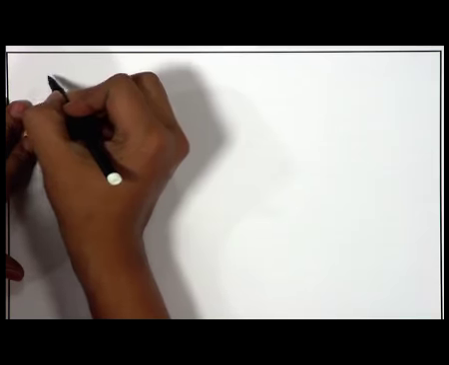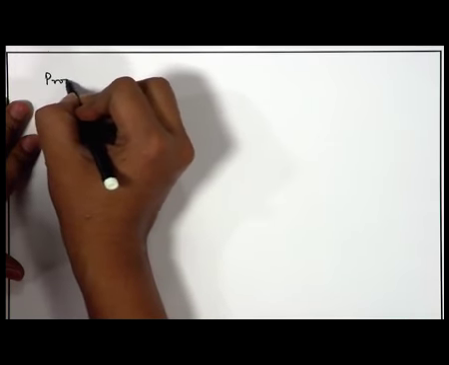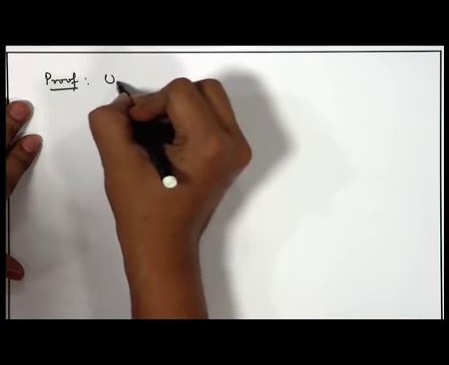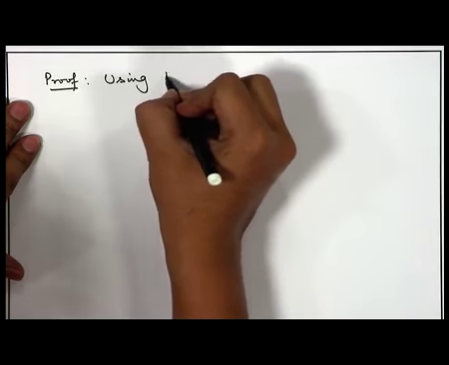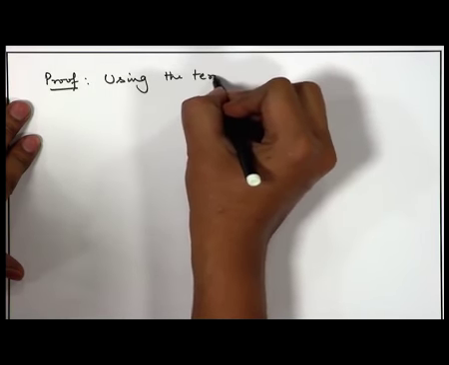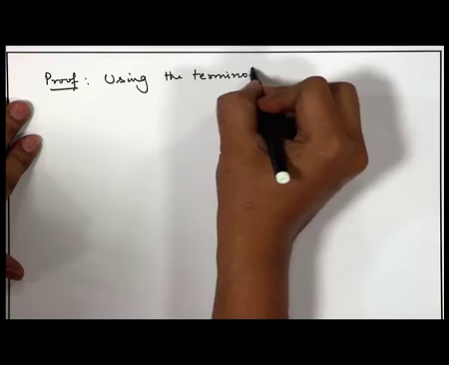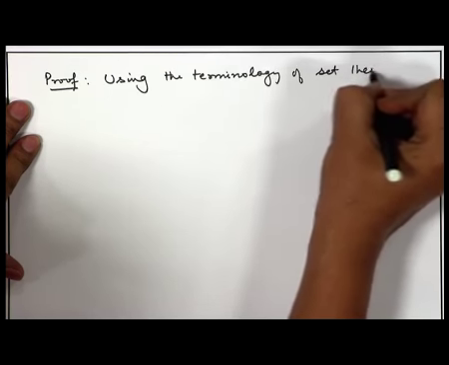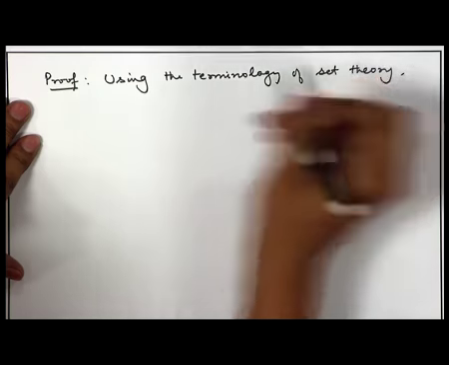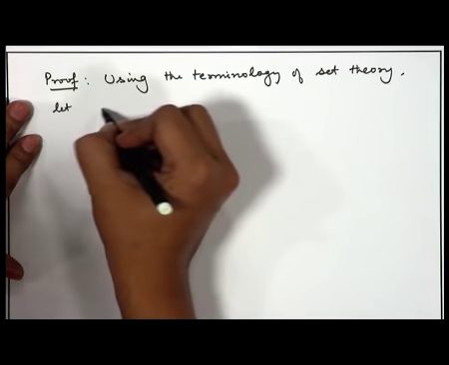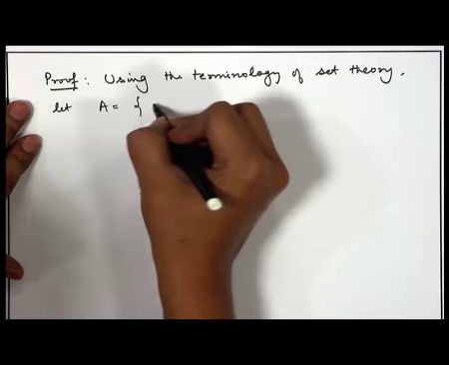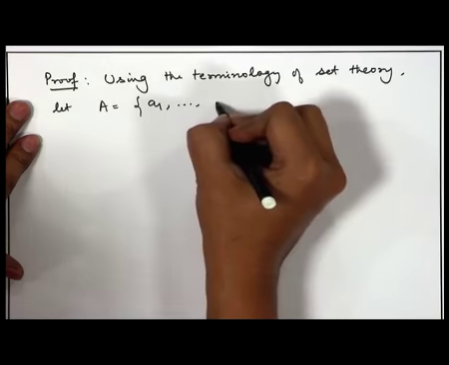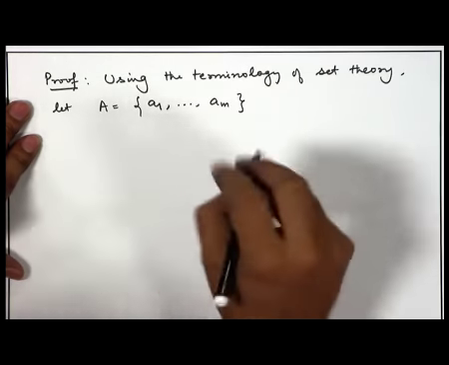So, let me just give a brief illustration of this, a theoretical proof of this multiplication principle. So, we can use the language of set theory, using the terminology of set theory. Let A be the set consisting of m elements a1, a2, am.